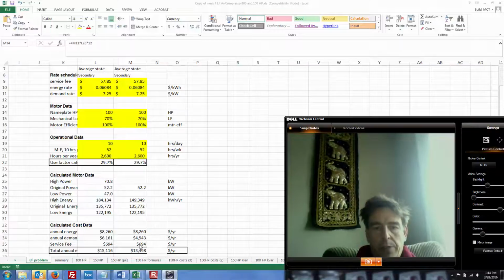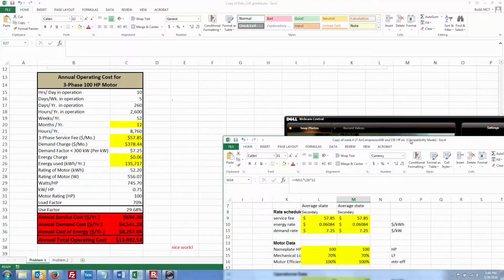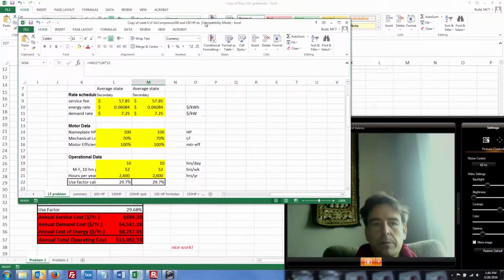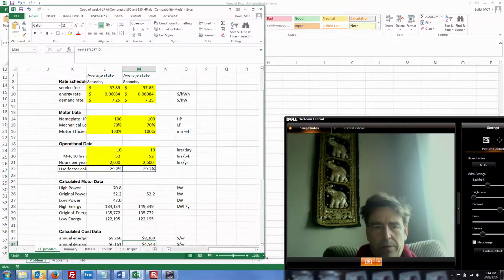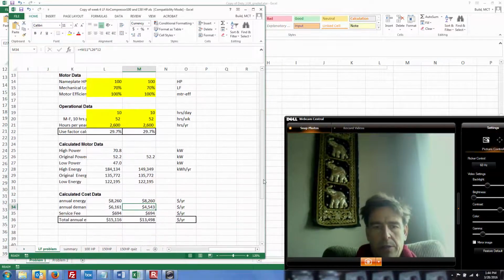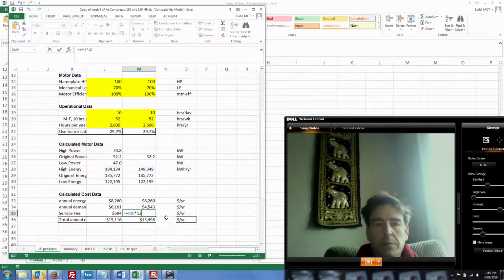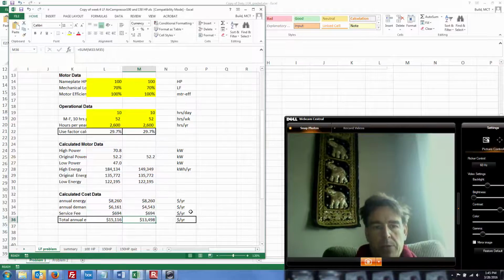The service fee was $6.94. Somehow it's easier for me just to look at myself and talk to myself while I'm doing this thing. Okay. Service fee was $6.94. And that's M9 times 12.